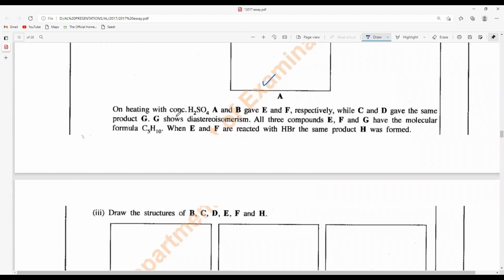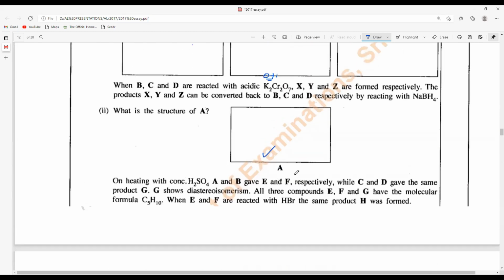On heating with conc H2SO4, A and B gave E and F respectively, while C and D gave the same product G. So we have to find C and D that react with conc H2SO4 to give the same product G. So what is the compound that gives the same product G?